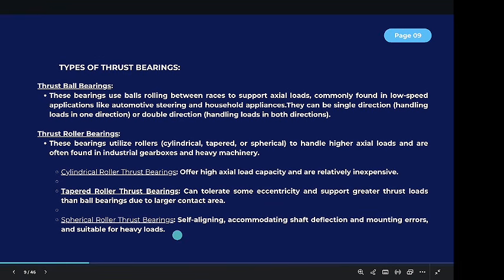Another one is the spherical roller thrust bearing. This time, it is self-aligning, accommodating shaft deflection and mounting errors, and is suitable for heavy loads.